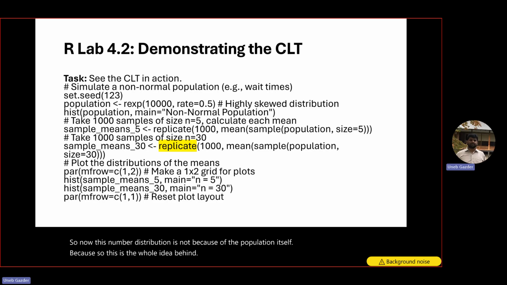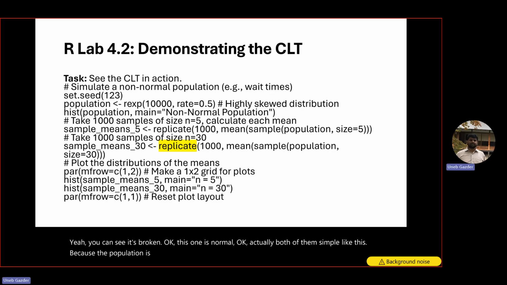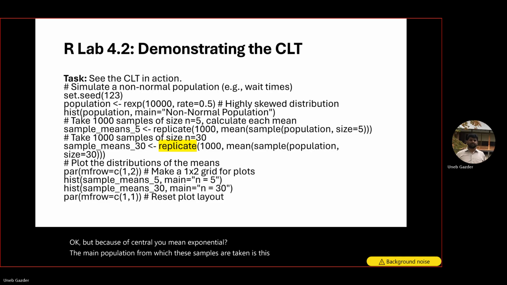You can see it's crooked, and this one is normal. Actually, both of them should be like this. So the population is like this. Did it plot the population histogram? The previous one, yeah, this one. Actually, both should look like this, but because of the central limit theorem, the main population from which these samples are taken is this one, the skewed one.